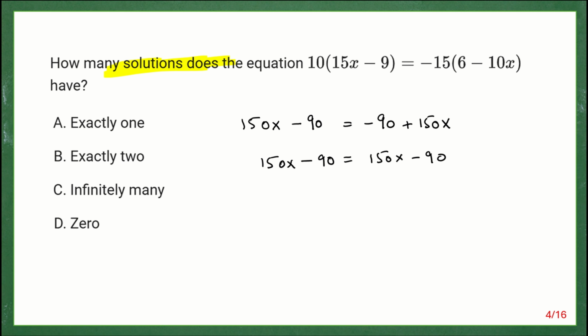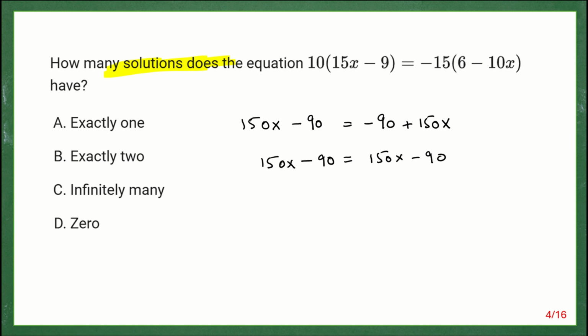Now, in order to figure out at which values of x this will be true: if I change the value of x equals 0, then both sides will be equal to one another, that is negative 90. If I change the value of x equals 1, then again both sides will be equal to one another, because we have an identical expression.